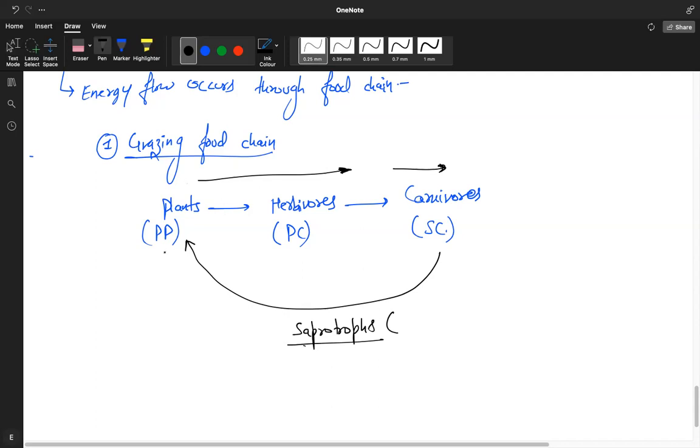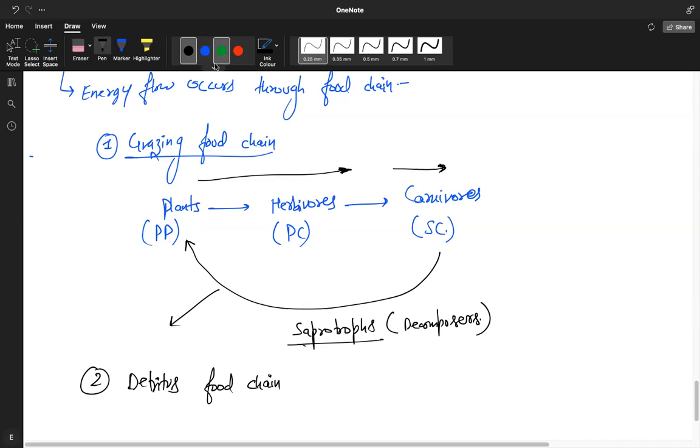So if you add saprotrophs in the grazing food chain model, also let's call them decomposers, this cycle where you start, which I'm denoting by black, will be called a detritus food chain. Detritus food chain.